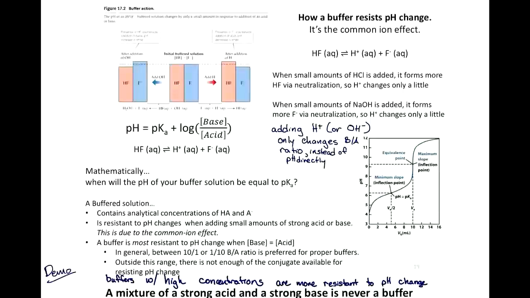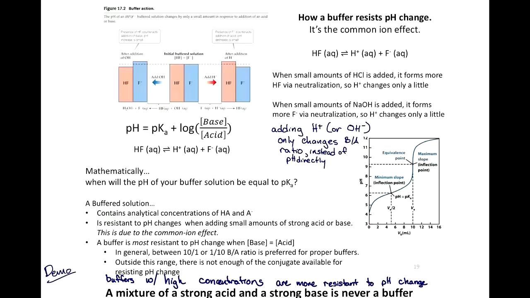So that is how buffers resist pH change. Adding H plus, a strong acid, or hydroxide only changes that base to acid ratio a little bit, which then changes pH a little bit from the Henderson-Hasselbalch equation. So that's how buffers work.